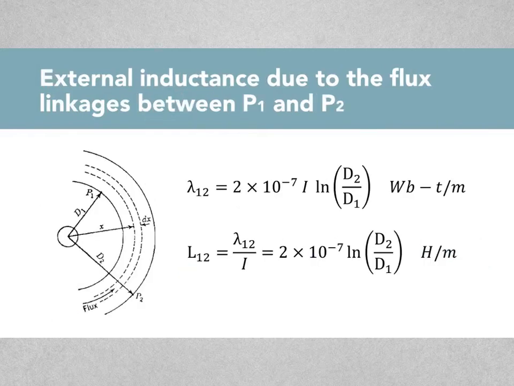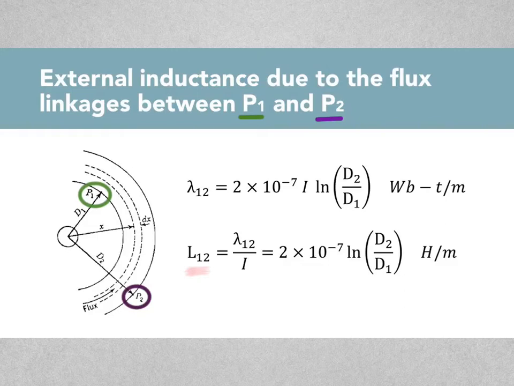And then we have the external inductance due to the flux linkages between P1, which is outside the conductor already, and another point P2 that is also outside the conductor. So please take note of that. Those P1 and P2 points are outside the conductor, and between P1 and P2 there is this external linkage.